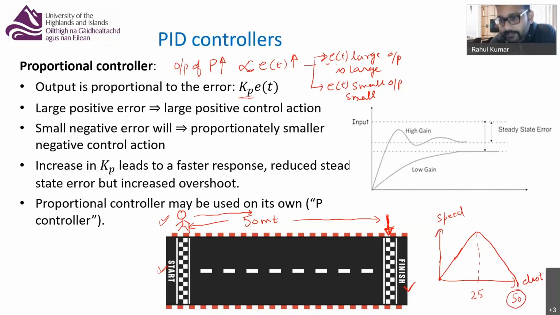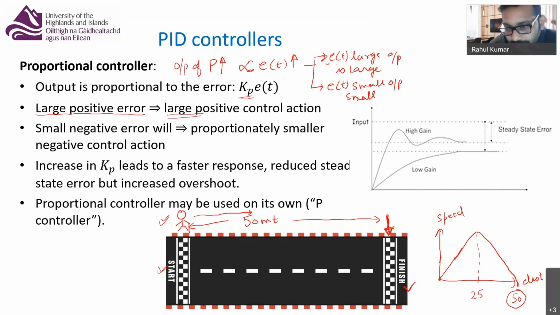In this example, the proportional controller is quite suitable, isn't it? Because if the error is large, the output or the speed is large. If the error is small, the speed should also be small. Now, in this case, if you have a large positive error, the output of your proportional controller should also be large.